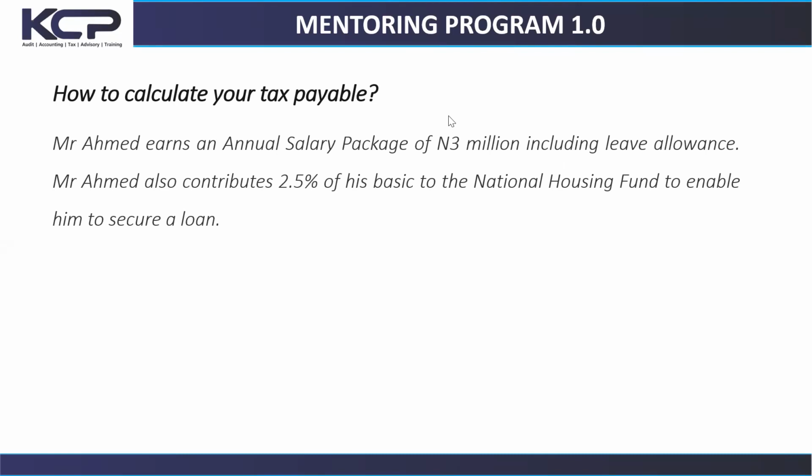Is there any law that states, if you employ someone into your organization, what is the minimum number of staff before you start to deduct the PAYE tax from the employee?